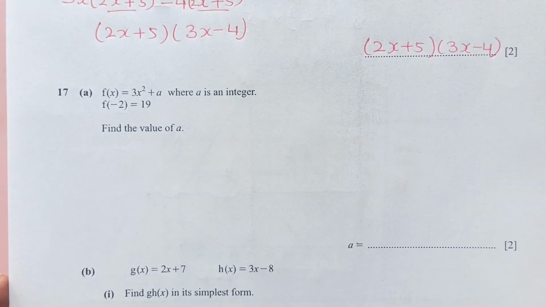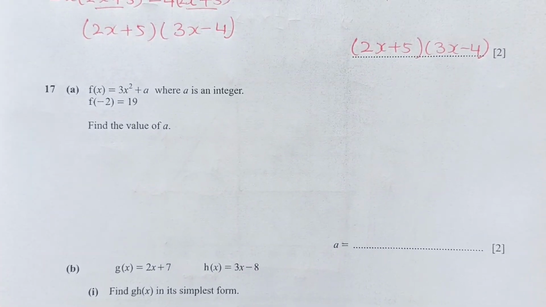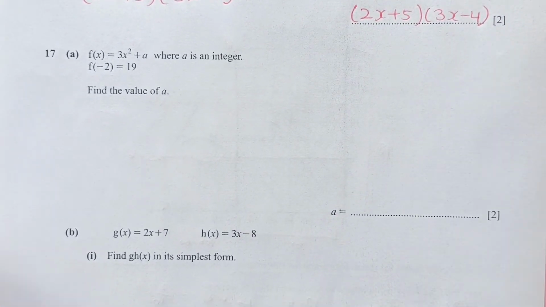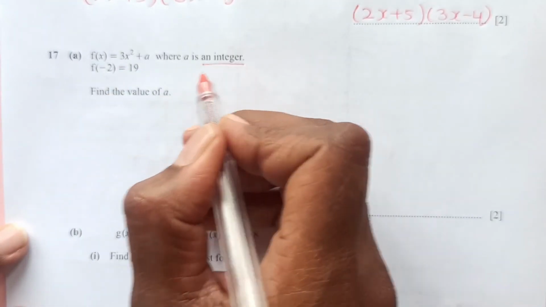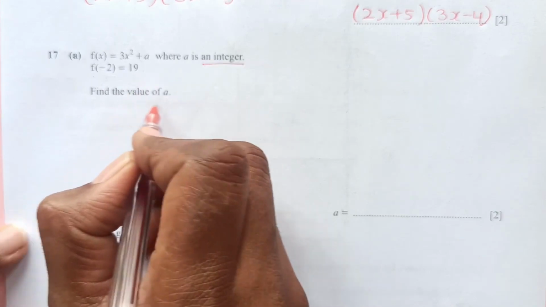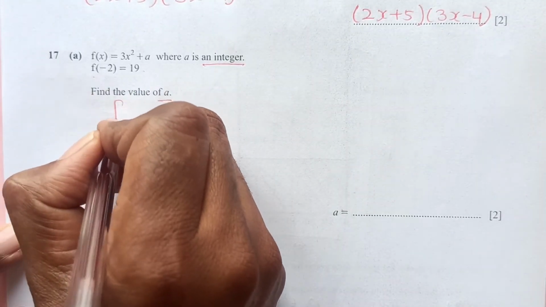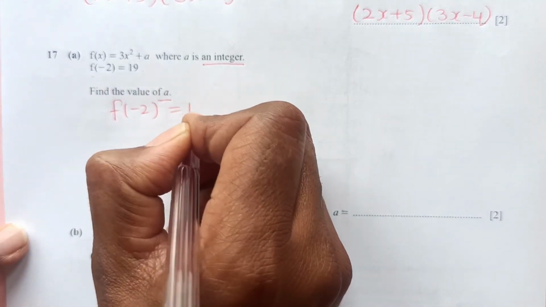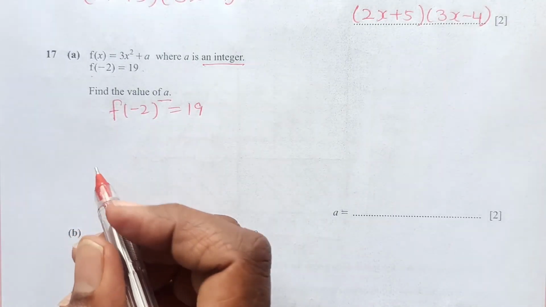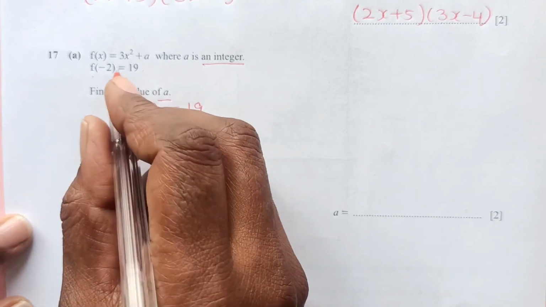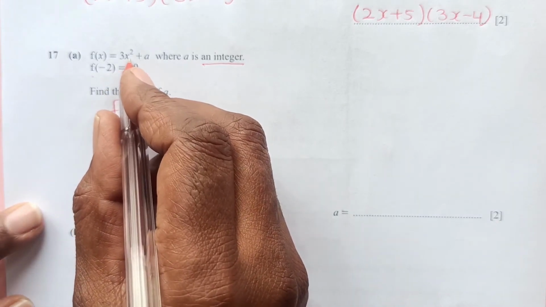Now number 17, f(x) is 3x squared plus a, where a is an integer. So f(-2) is 19. Find the value of a. So f(-2) is given to us as 19, right? We can get it by replacing x by negative 2 in f(x).